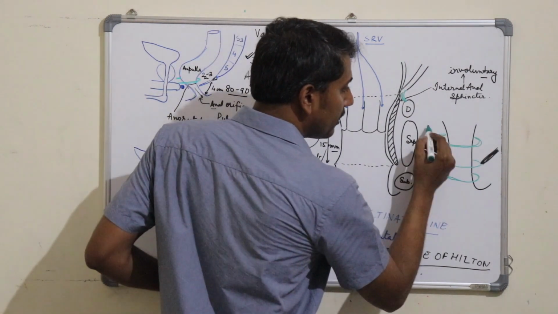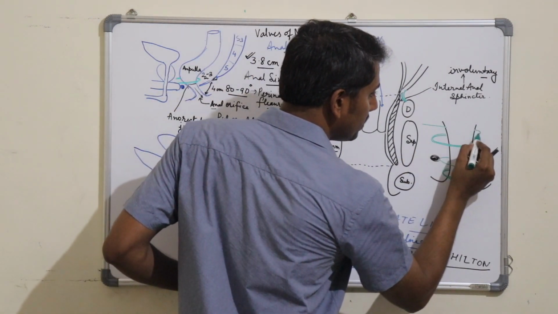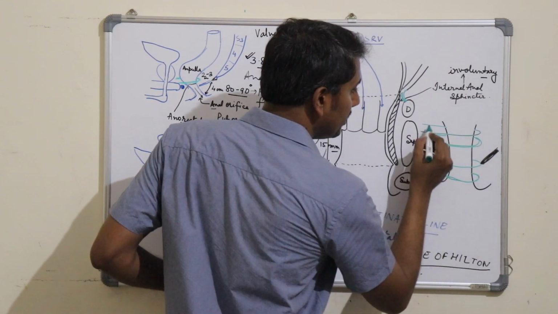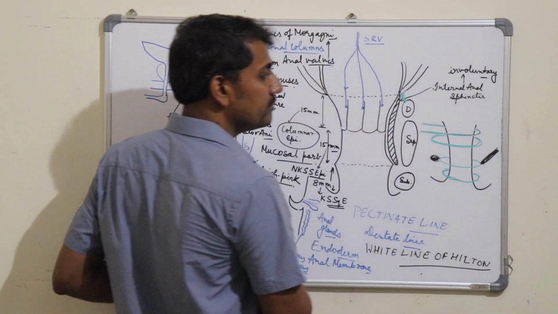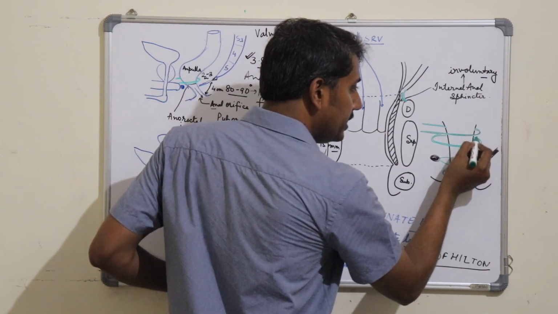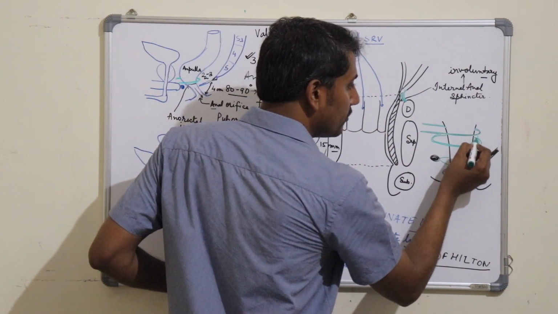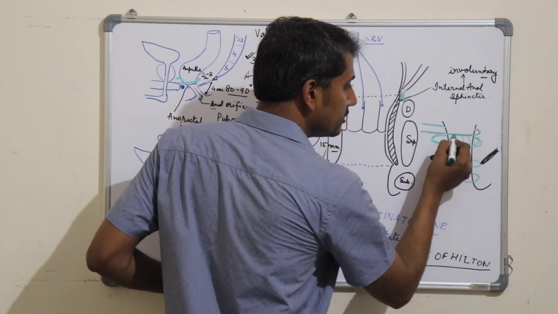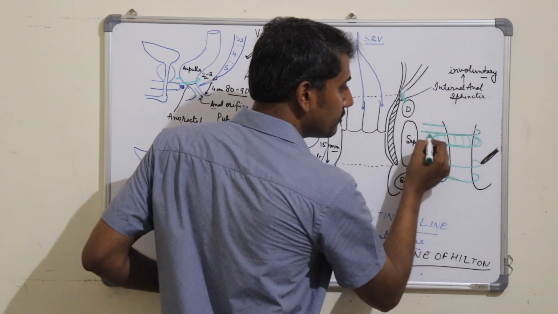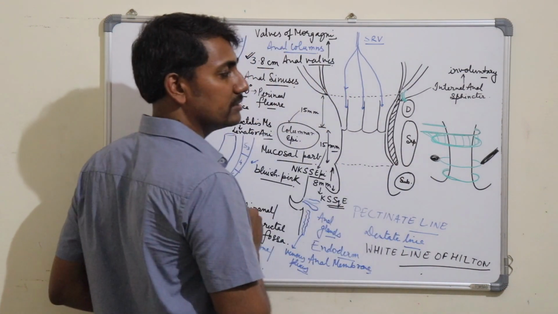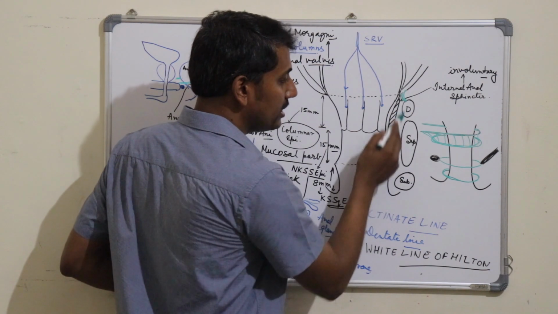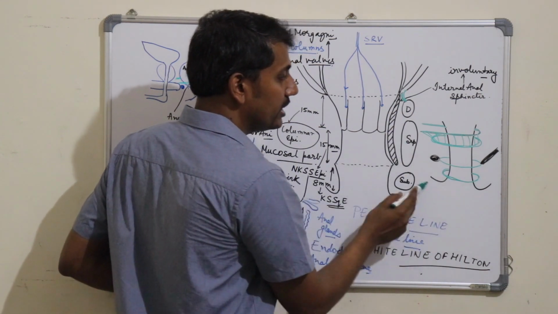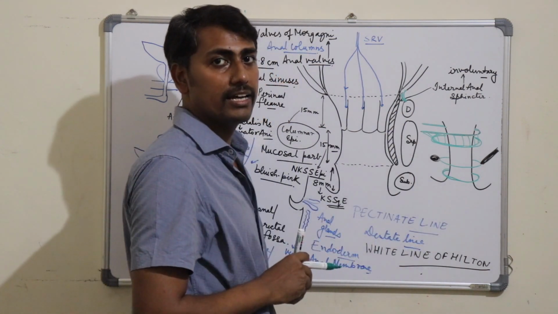So here, if this is the puborectalis muscle, which is encircling the lower part of the rectum, the fibers of the deep part of external anal sphincter will get merged here with the puborectalis muscle. So with this diagram we can see how the external anal sphincter is arranged in the wall of the anal canal.